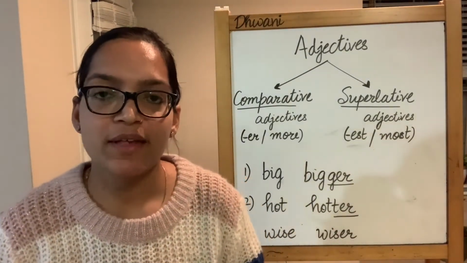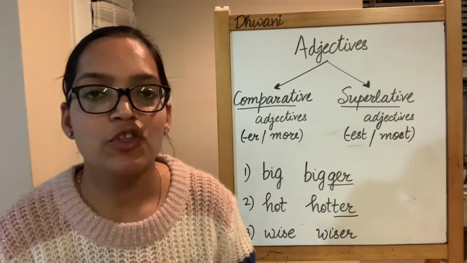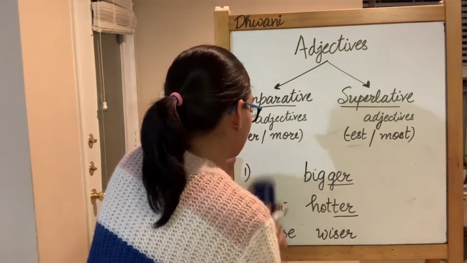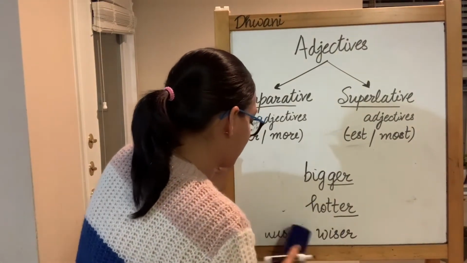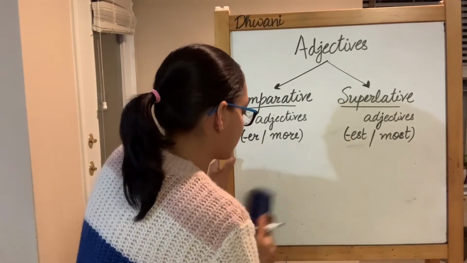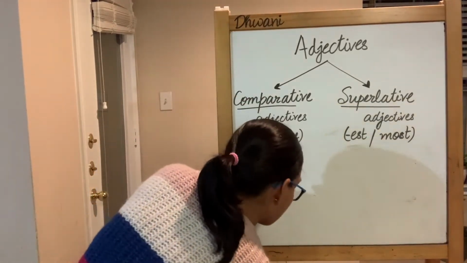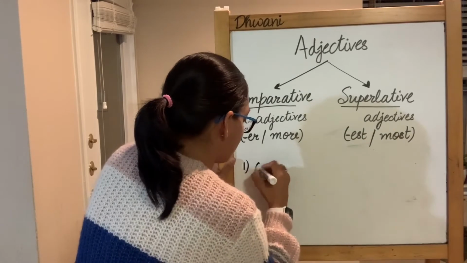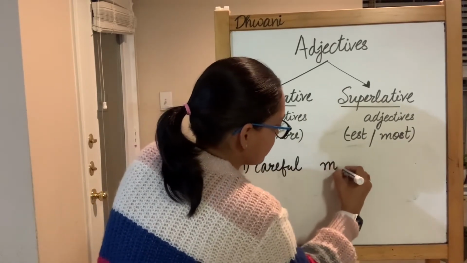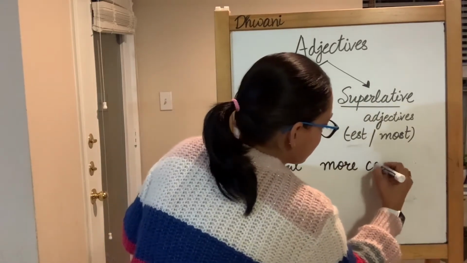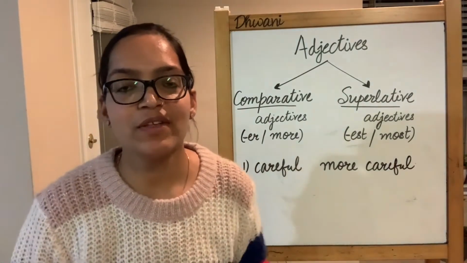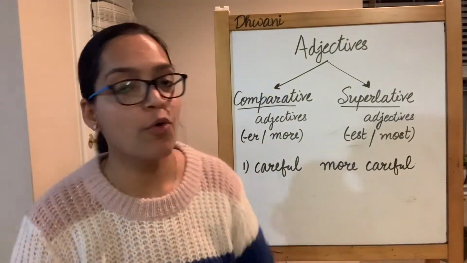Now let's take the example of adjectives which have more than one syllable. If my adjective is careful, it will turn into more careful.